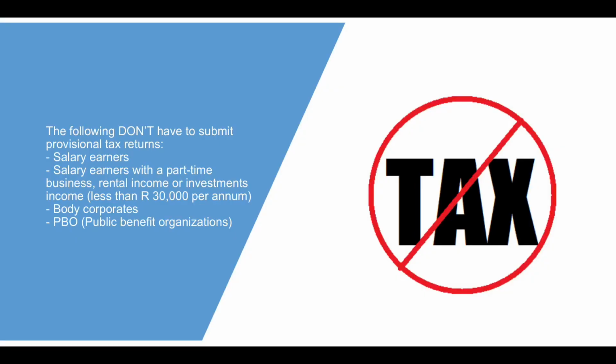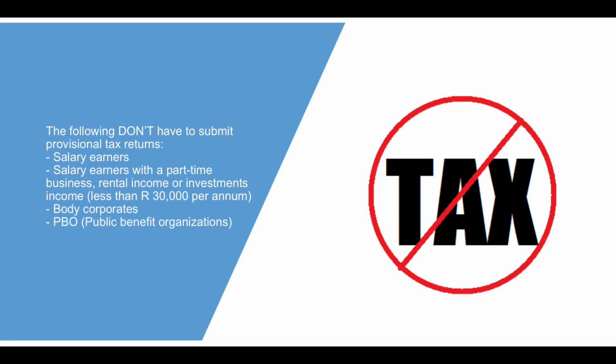The list of people that don't need to submit a provisional tax return are salary earners only receiving a salary from one source, and salary earners, like I just mentioned, with net additional income of less than 30,000 Rand derived from a rental income, any investments, or a part-time business.